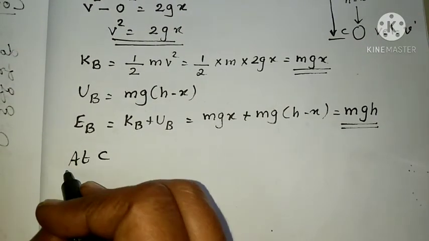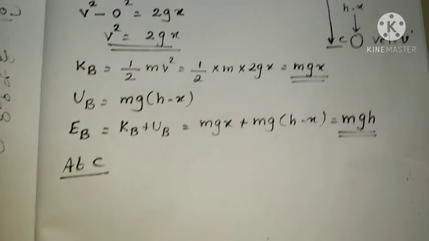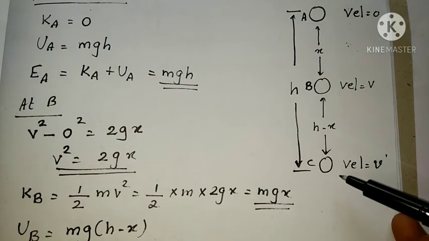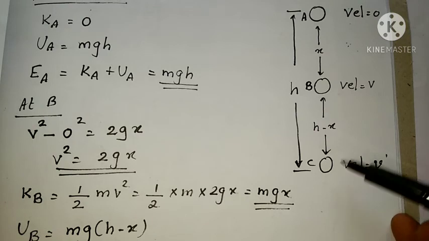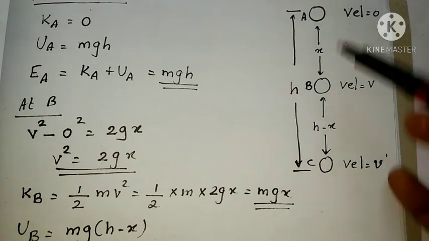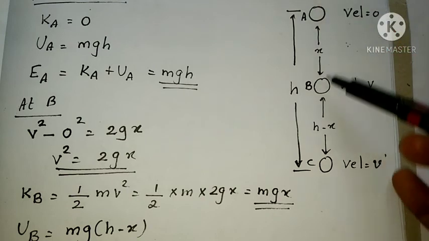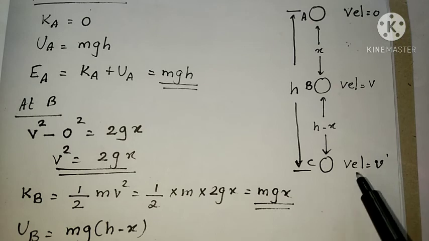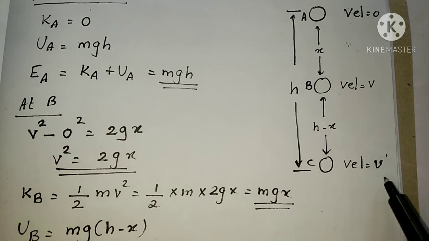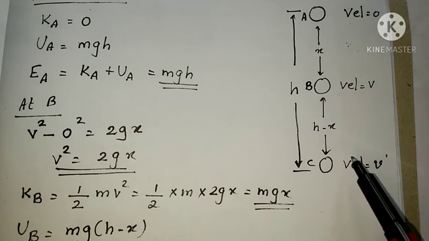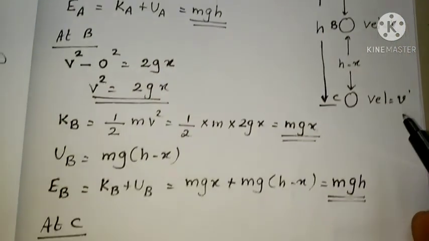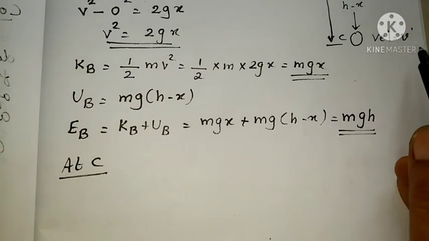Then similarly at C. At C the body travels and reaches the position C. So we can consider this motion from A to C. The body moves from A and finally reaches the ground C, and its velocity we can write as v dash. Here also we can apply the equation of motion, v square minus u square equal to 2as. What is the final velocity here?